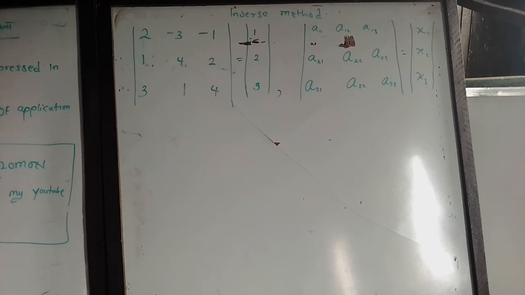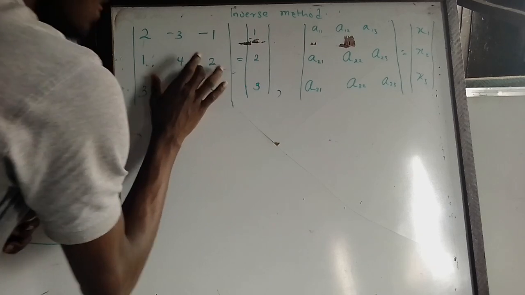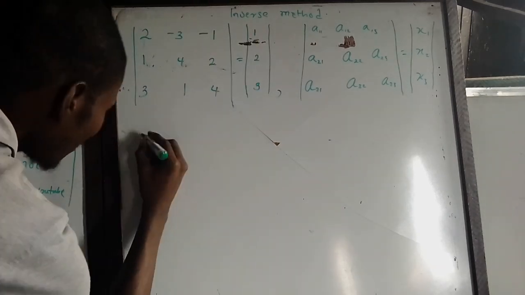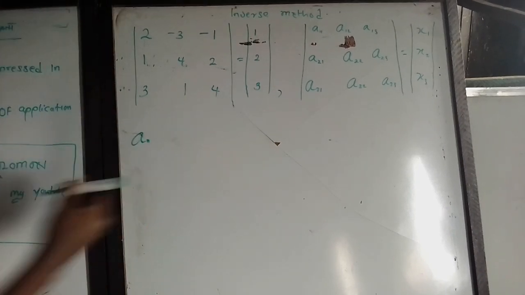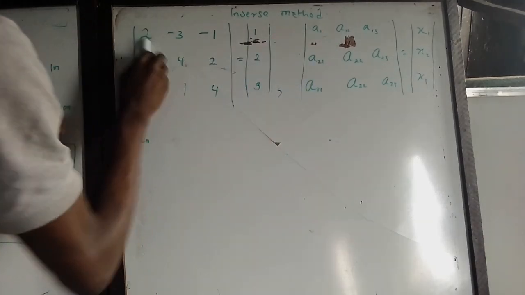The reason it's called inverse is that we are solving the inverse matrix. We want to change the matrix we have here to the inverse matrix. So we want to solve for A11. A11 is 2.